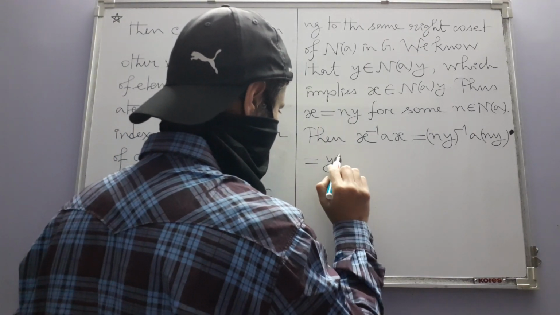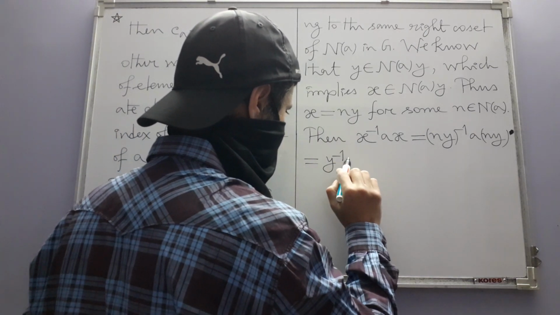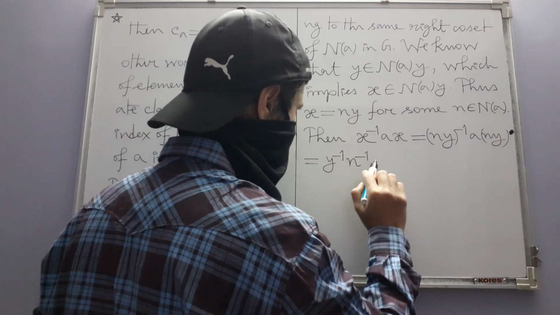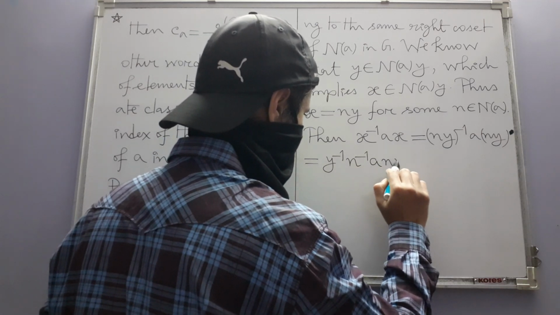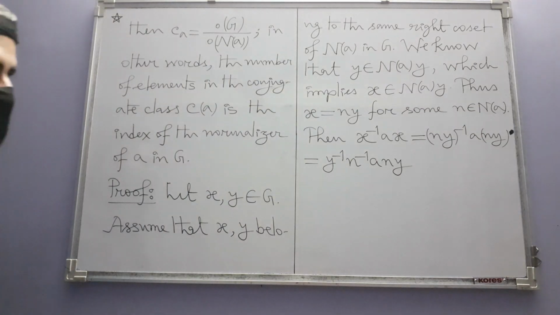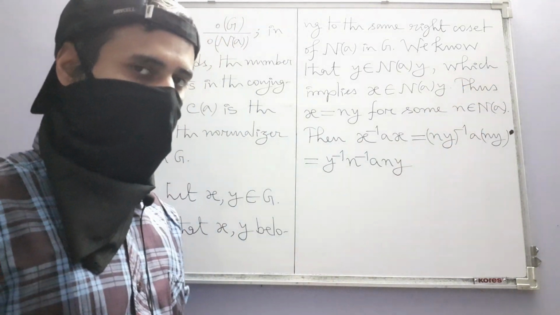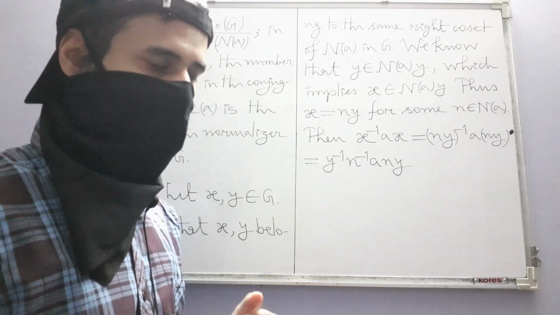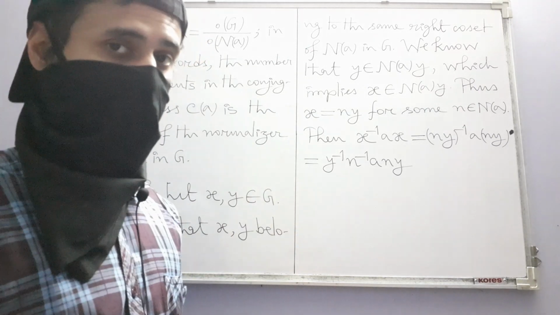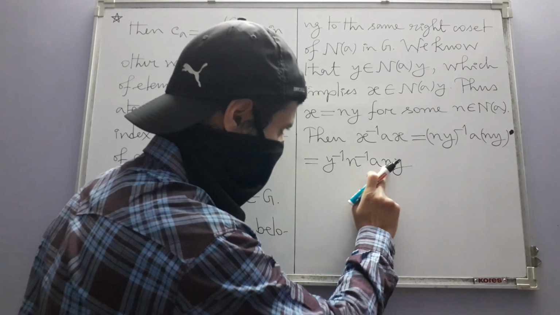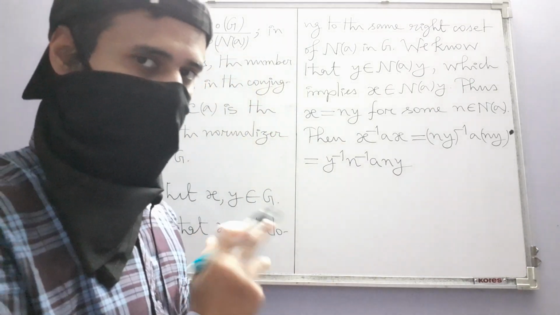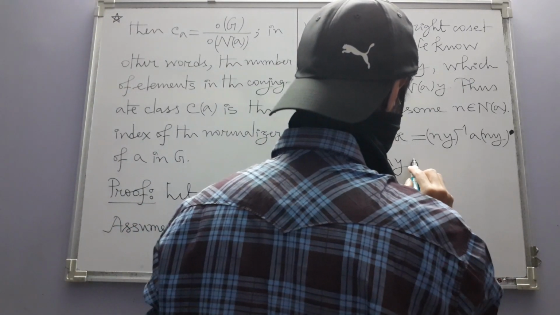So this becomes y inverse n inverse A n y. Now look at this condition. n belongs to N(A), so n belongs to the normalizer of A, so n should commute with A. So in place of A n we can write n A, we can switch the order.